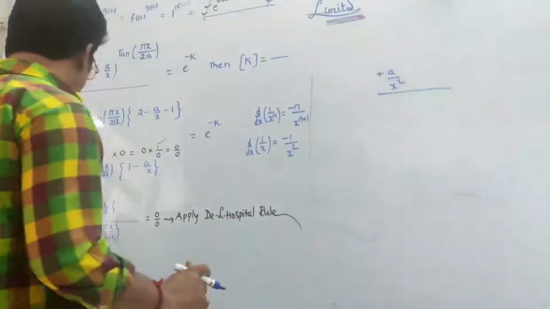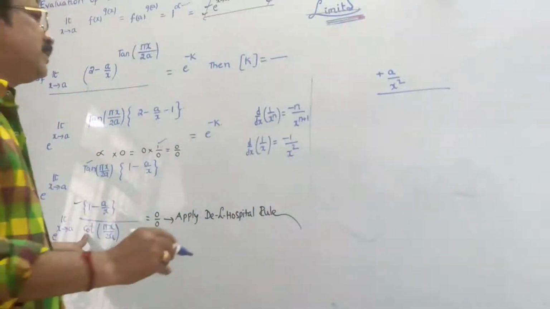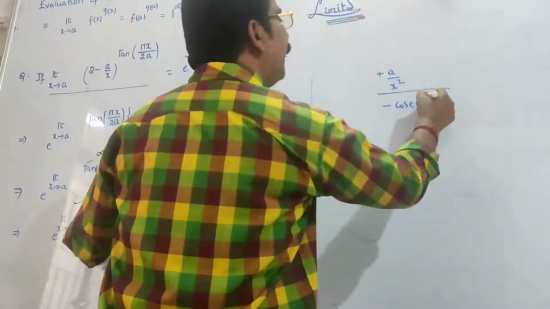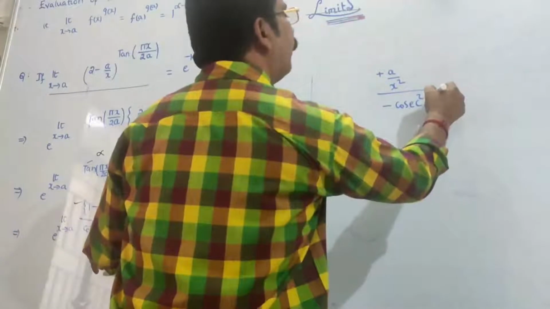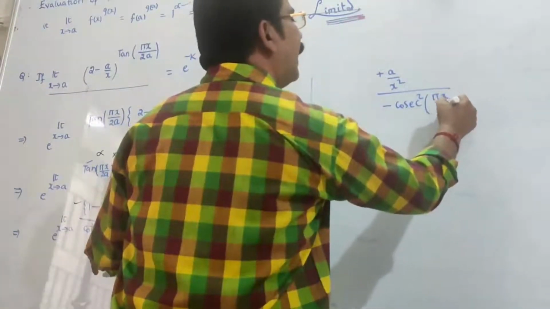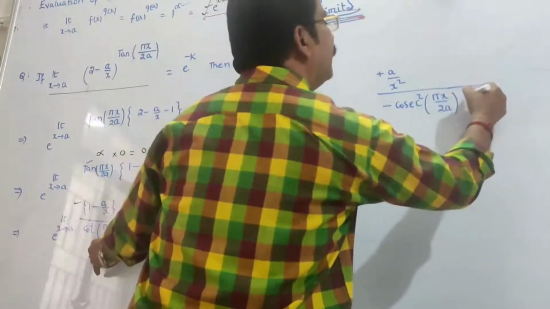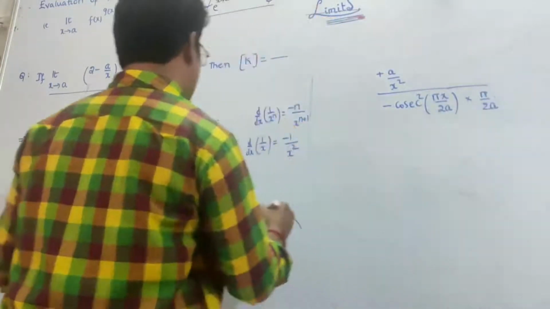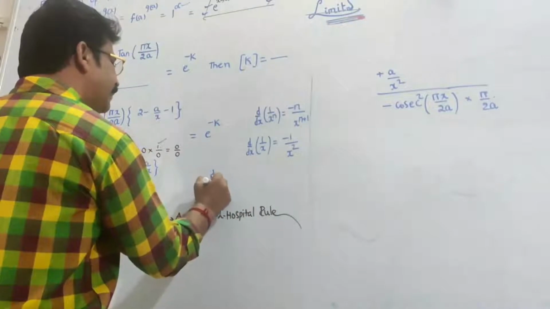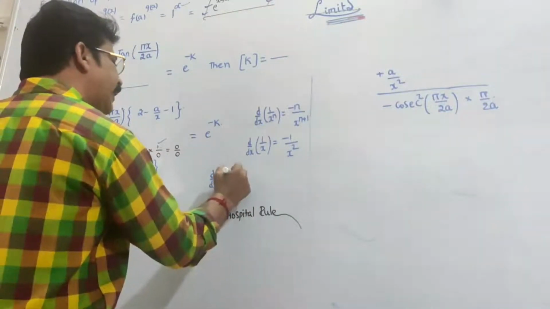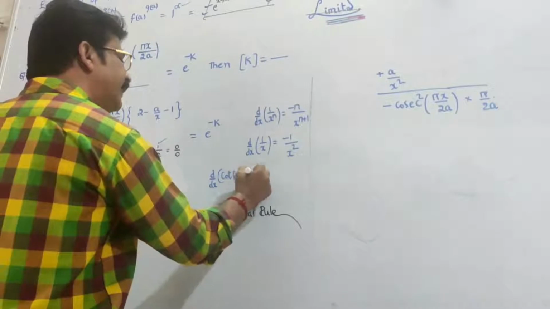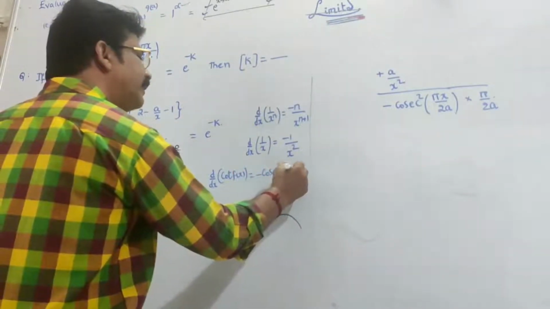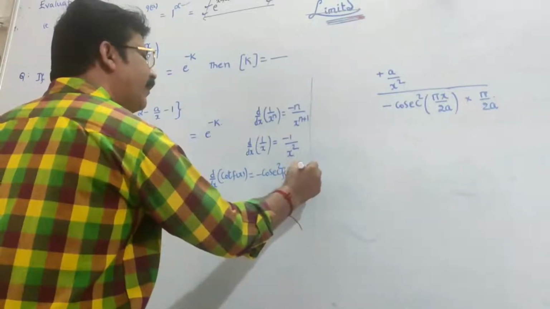first I will write this denominator: d by dx of cot, minus cosecant square of πx divided by 2a into its differentiation π by 2a, because d by dx of cot f(x) is equal to minus cosecant square of f(x) into f dash of x.